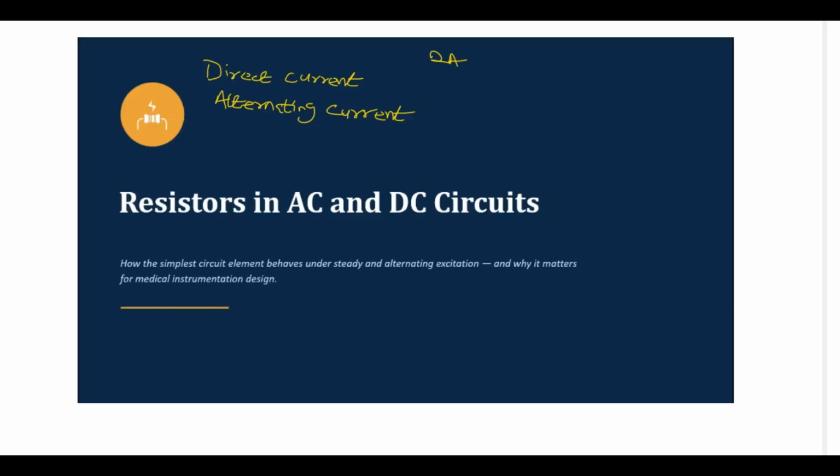So graphically, if we want to represent a direct current, we can have it in this manner. Let's assume this is the vertical axis, and this is current or voltage.